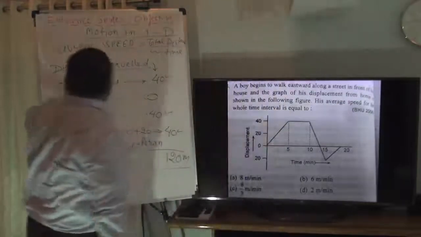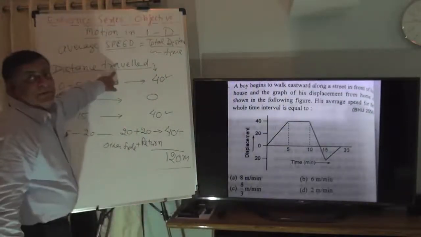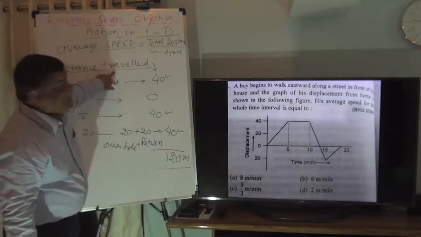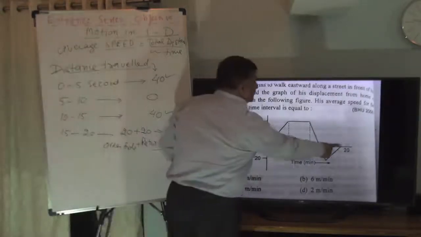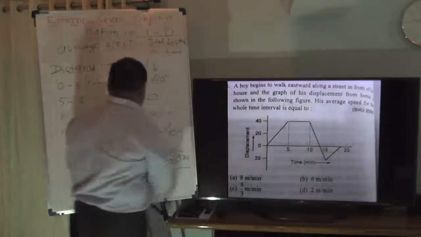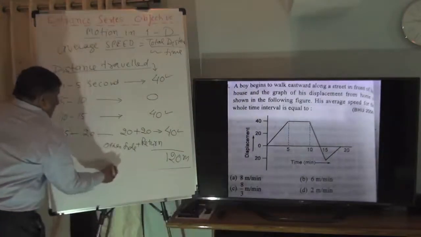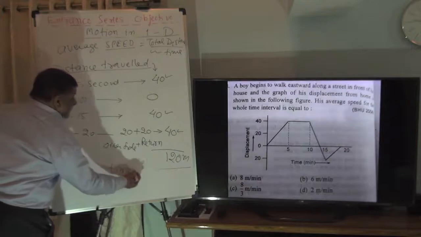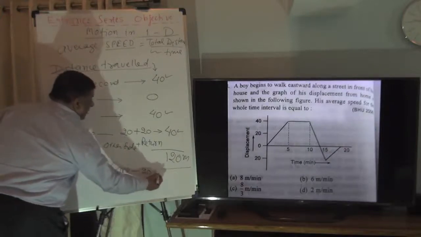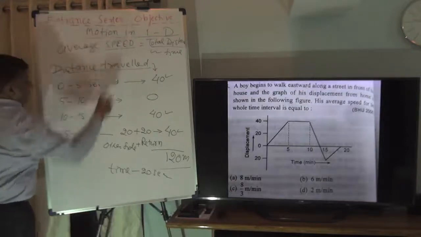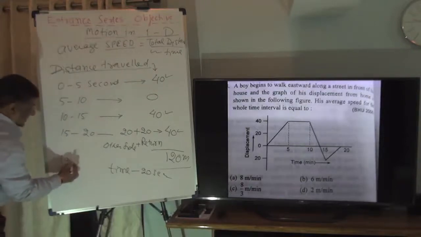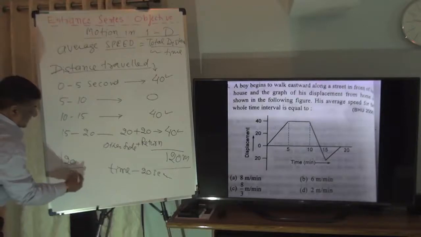This is what we have travelled, distance. What we have calculated, distance. If this is the total distance, how much is the total time consumed? 20 seconds. Time 20 seconds. So average speed: total distance 120, total time 20 seconds.